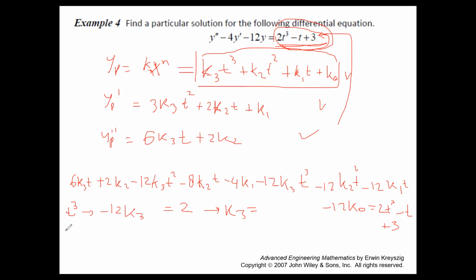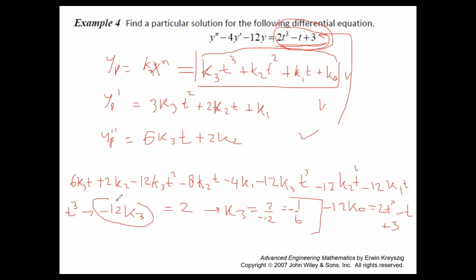You just do 2 over minus 12, it is equal to negative 1 over 6. Do you get how to get minus 1/6? I'm still confused about the t cube equals minus 12K3.